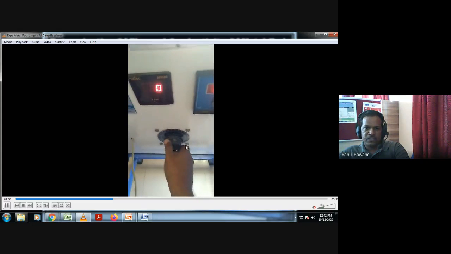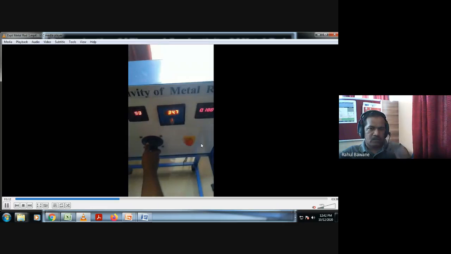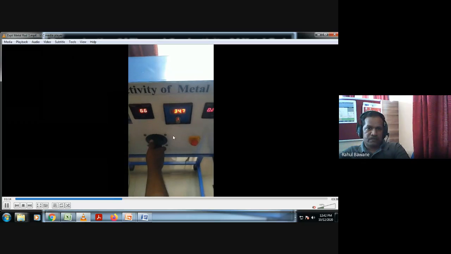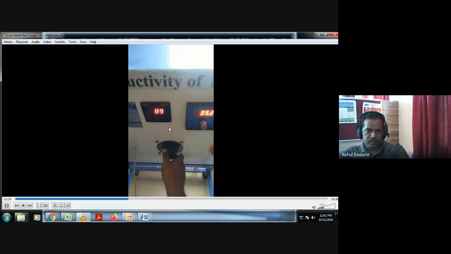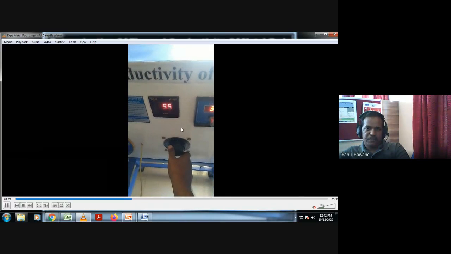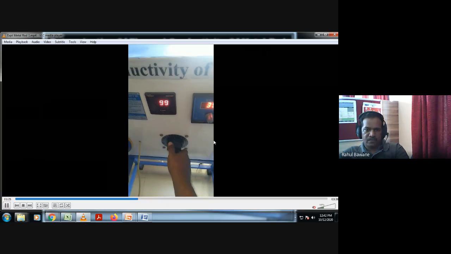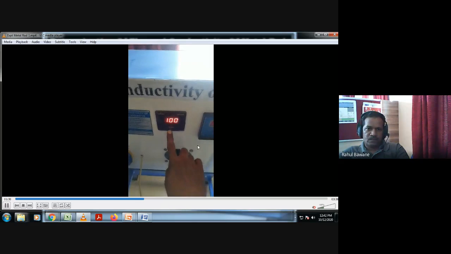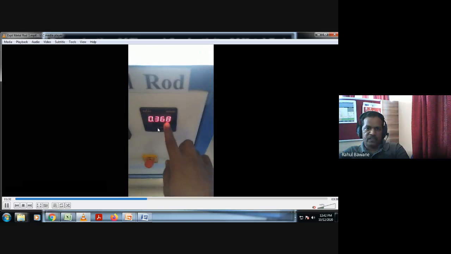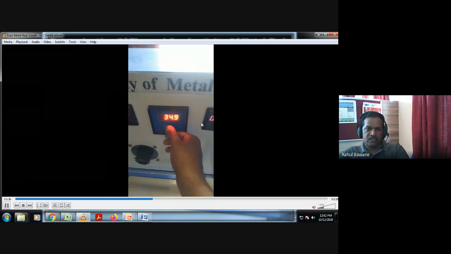So switch on the equipment, then with the help of the dimmerstat, maintain the voltage. Here also in this experiment, we are going to maintain 100 volt. And remember, always use the dimmerstat very slowly. Okay. So 100 volt and corresponding current 0.368, and these are the temperatures.